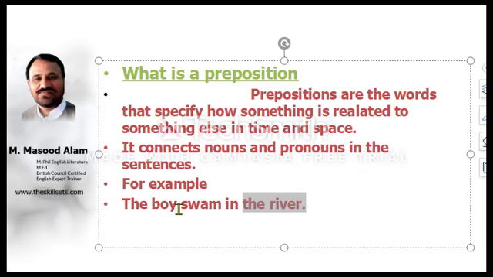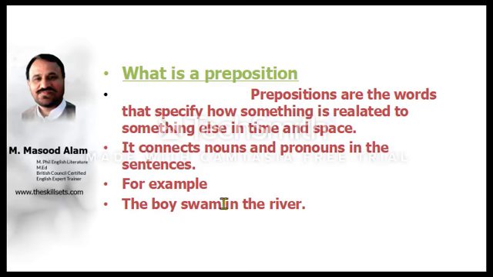Now the word in is a preposition, and what kind of role is it going to play? It connects the noun with the other noun in the sentence. So prepositions are words that specify how something is related. They create relations and connections.